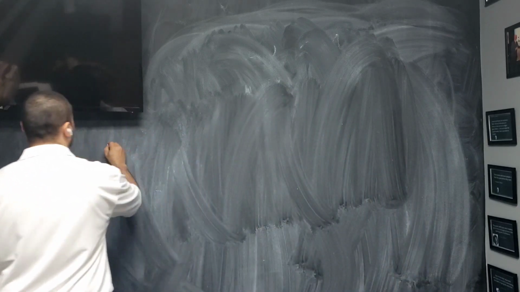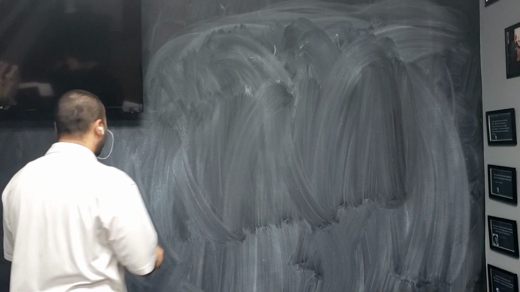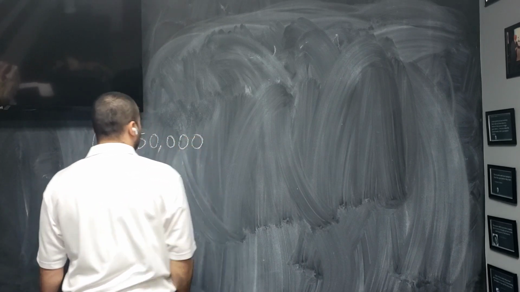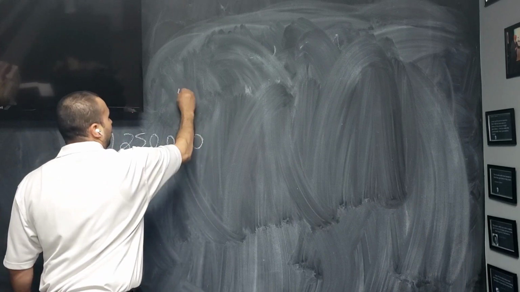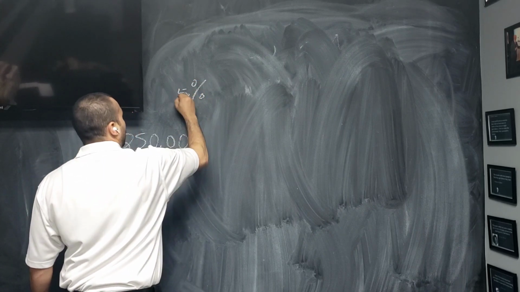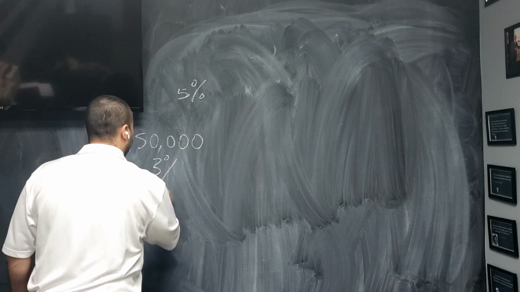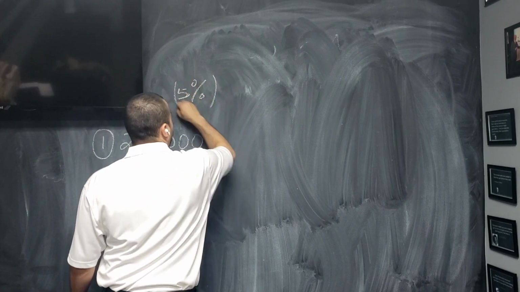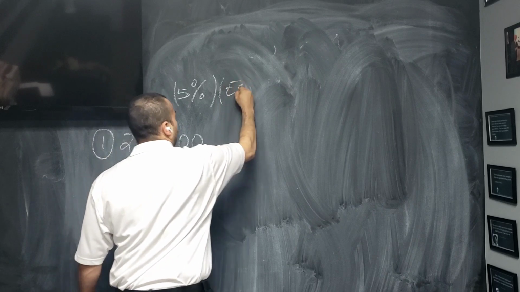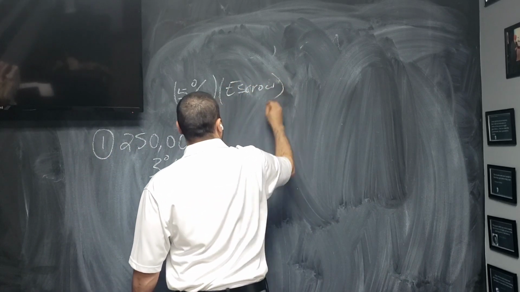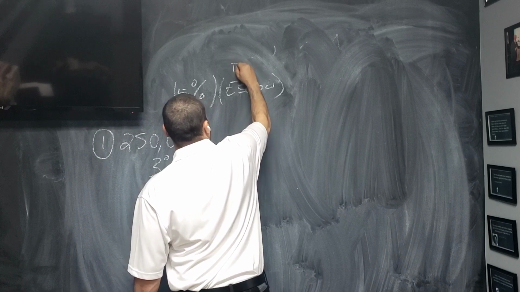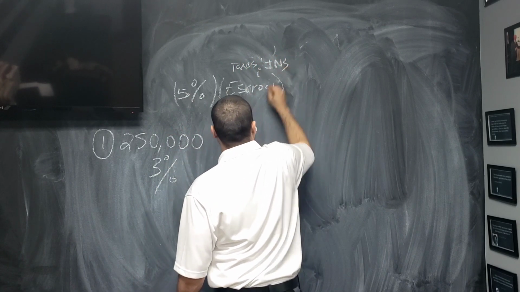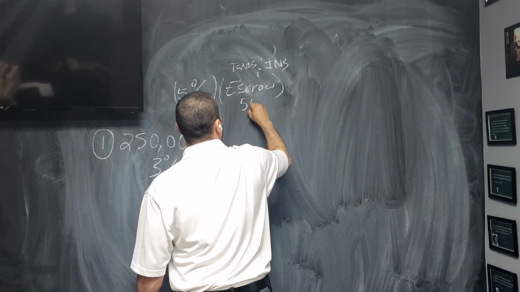Scenario number one is you owe $250,000 on your house, and they tell you, well, you had a 5%, we're going to give you a 3%. Now, let's just say escrow, what you're paying in taxes and insurance, is $565.